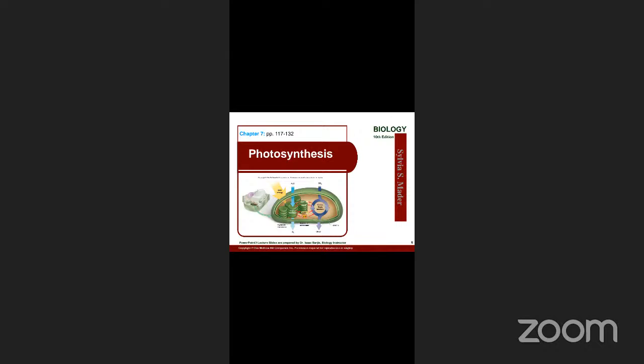The conversion of radiant energy into chemical energy by plants is known as photosynthesis. The solar radiant energy is converted into chemical energy by the process of photosynthesis by plants only.